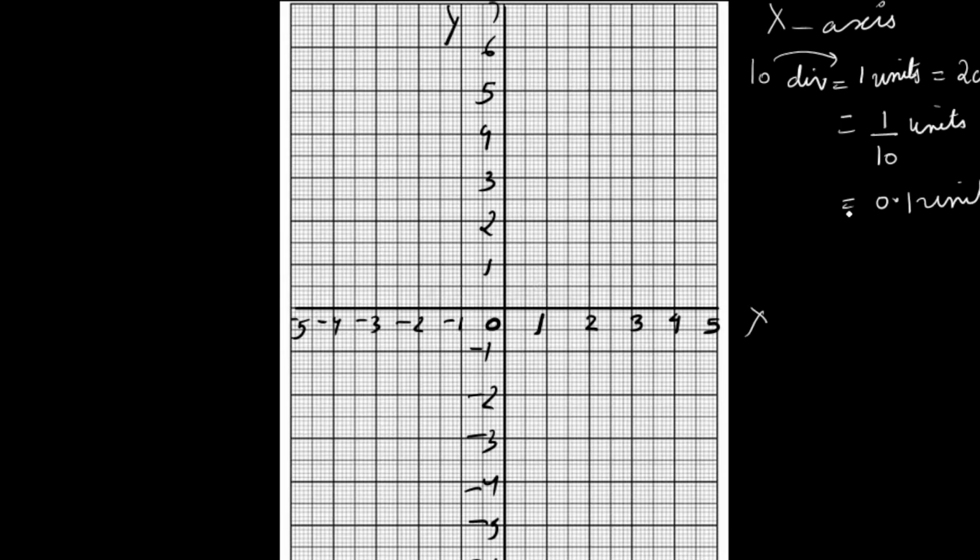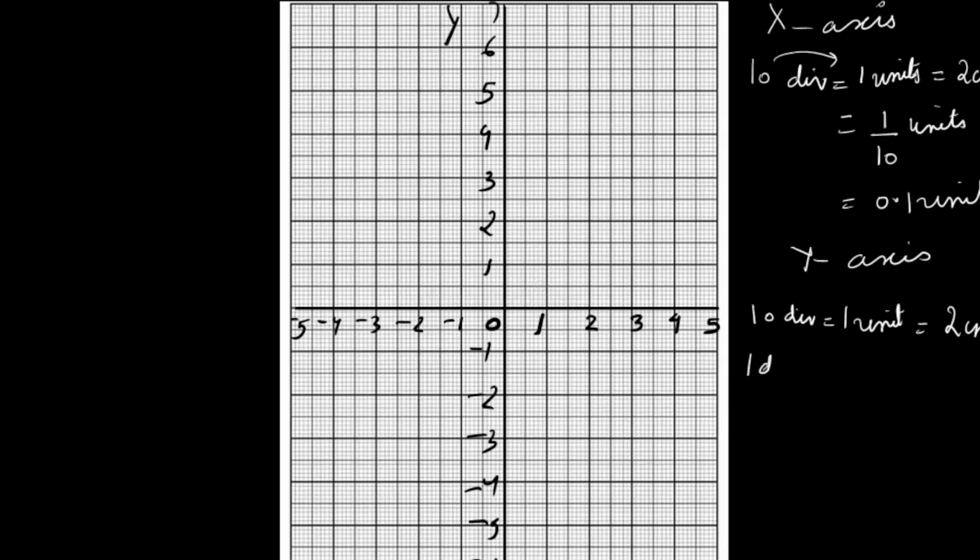So along x-axis, for this graph we are taking 10 divisions as 1 unit. It will always be this only. Along y-axis also it will be the same. So 10 divisions is equal to again 1 unit, and 1 unit is equal to 2 centimeter, because it's a 2 centimeter graph.